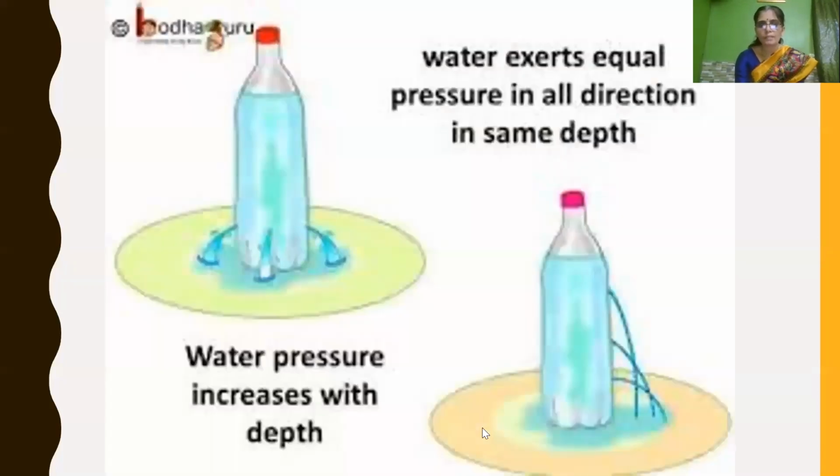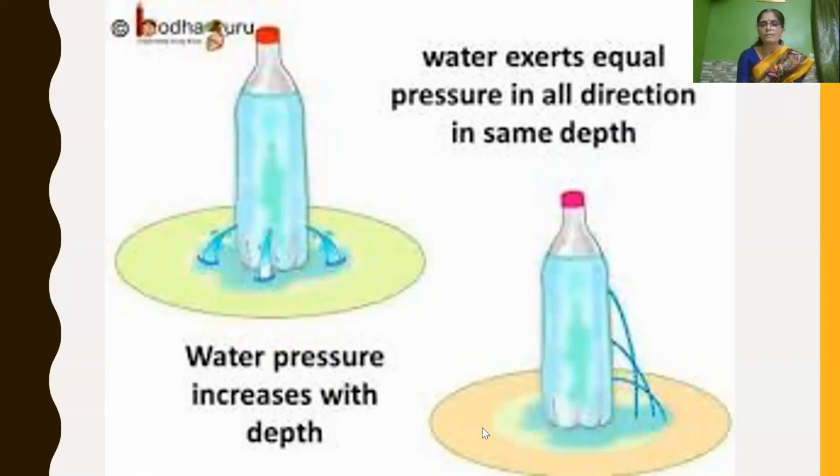And then liquid also exerts pressure, isn't it? In the last session we learned that water exerts pressure in all directions. In the first bottle, the holes are made at the same depth, so the water exerts equal pressure in all directions at the same depth.